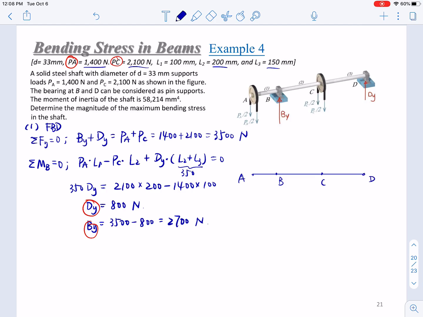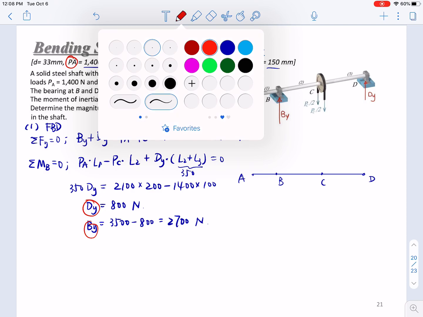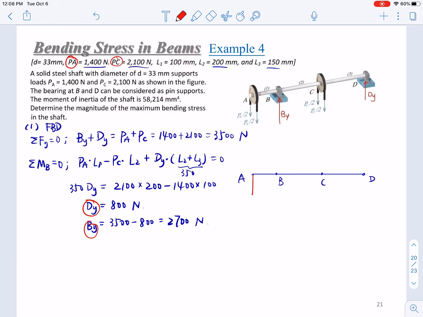So at point A, we have a PA downward, that is negative 1400. Then at point B, we have a By that is upward 2700. Okay, so it will go upward by 2700. So this you will reach 1300.